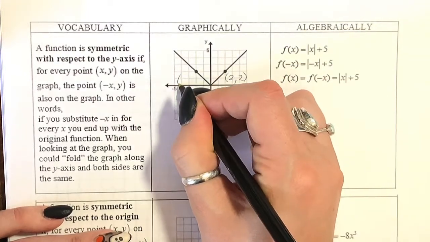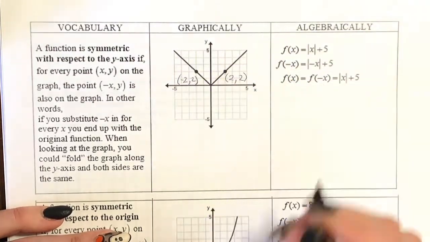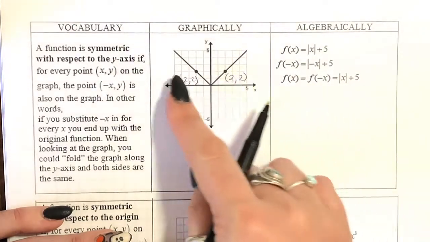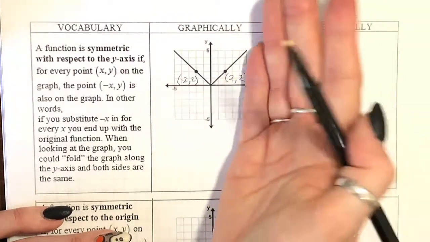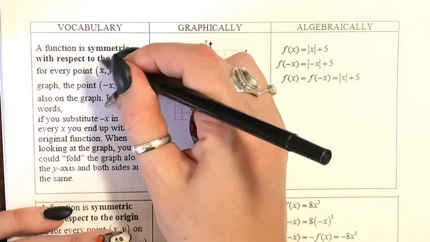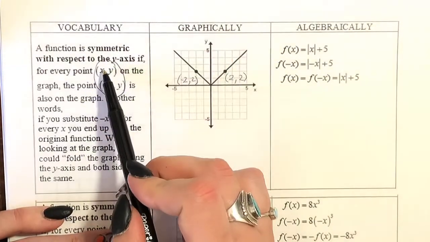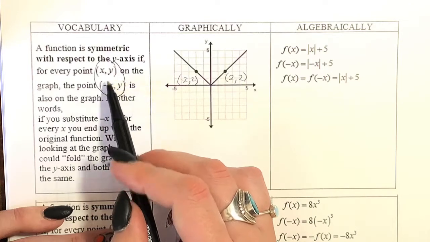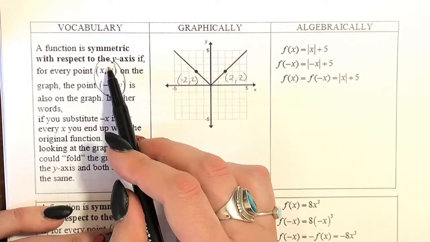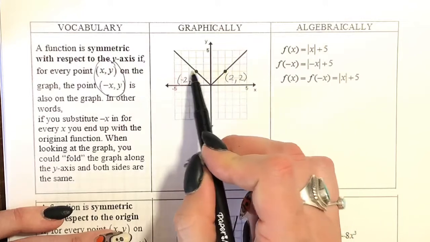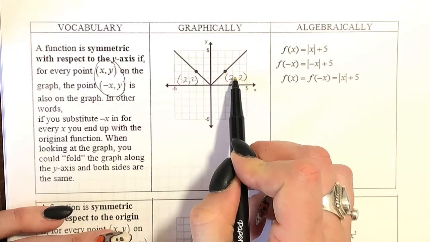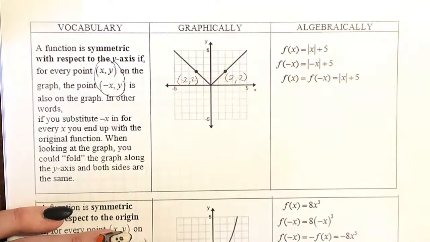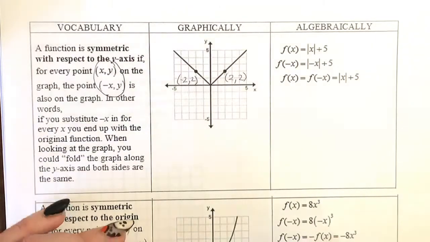This point is at negative 2, 2. So for a graph that is symmetric across the y-axis, you're going to have this pattern right here. For every point x, y, there's going to be a point negative x, y. So notice that the x switches signs, but the y stays the same. So our height stays the same, but we're just going from positive 2 to negative 2 on the other side.